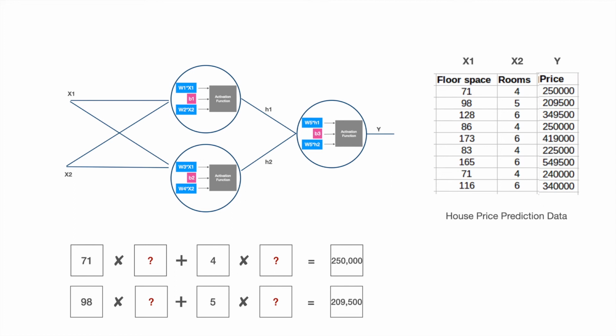Now what are these somethings? These somethings are nothing but the weights we have been defining: W1, W3, W5, etc. Let's look at them closely.